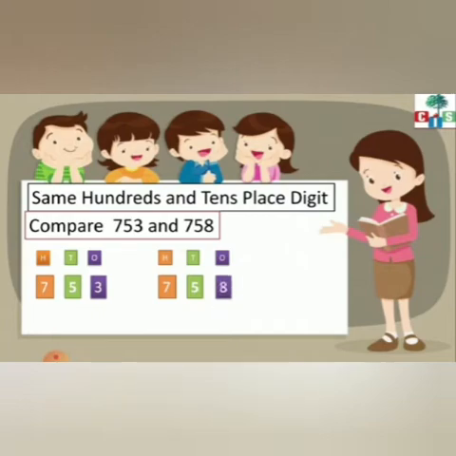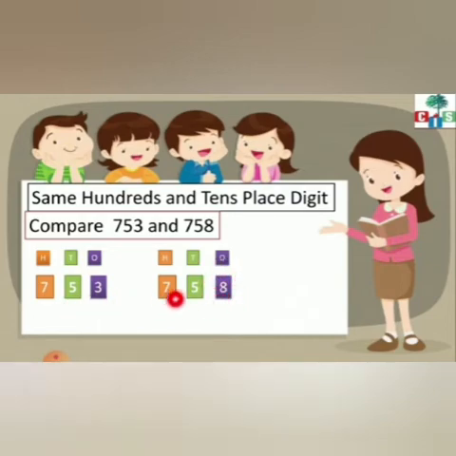Now let's compare it. First we will look at the hundreds place. Here it is 7, and here also it's the same number, 7. Now the tens place. Here it is 5, and here also it is 5. Now look at your ones place. It's 3, and here it is 8.